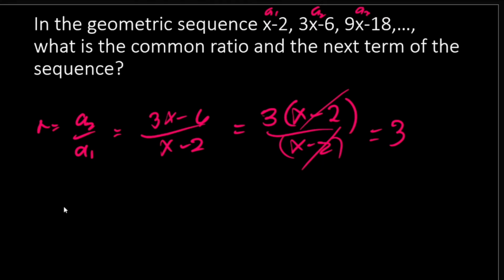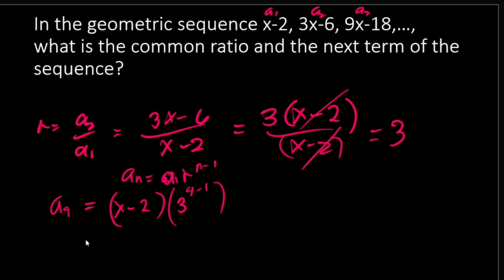And to get the fourth term of this geometric sequence, remember the formula: a sub n equals a sub 1 times r raised to the power of n minus 1. So a sub 4 is equal to a sub 1, which is x minus 2, times r, which is 3, raised to the power of 4 minus 1, which is 3.